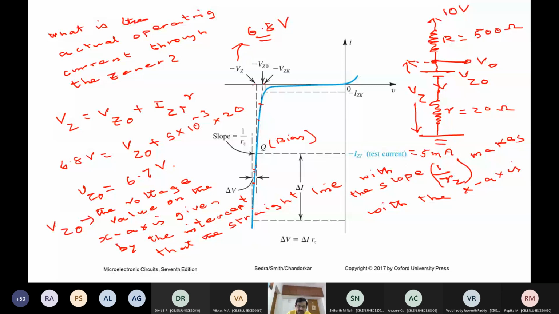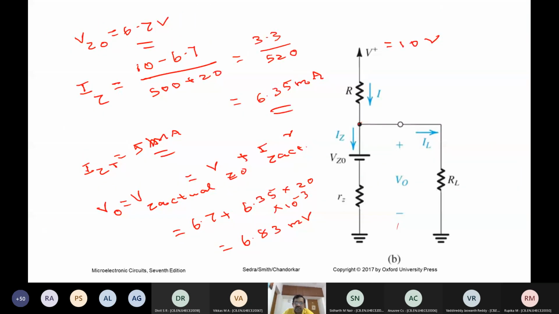As long as you are not overshooting the current rating decided by the power and the nominal voltage, you are okay. Power is not given for this, so we can assume that the Zener diode is able to take this current, because 6.35 milliampere is not far from your 5 milliampere test current.